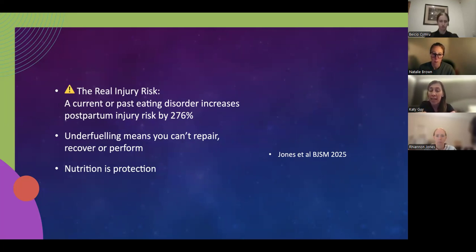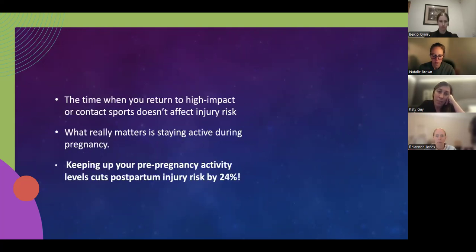So fueling and nutrition is protection for you postpartum. So it's really important that you get that right. The time when you return to high impact or contact sports doesn't affect injury risk either postpartum. What really matters is staying active during pregnancy if you are able to.